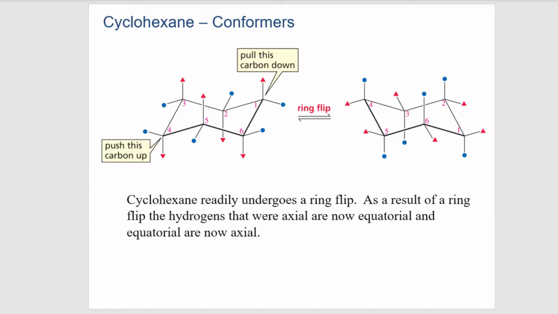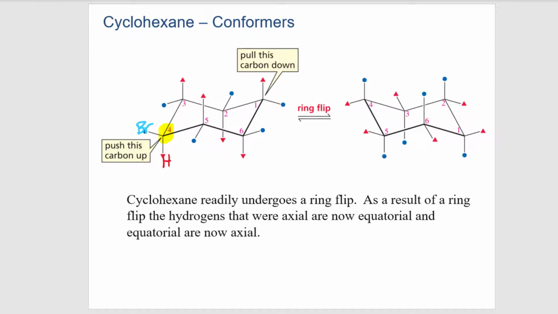What's interesting about a rotational flip, if you will, is what happens to the things off of any given carbon. So let's look at this carbon 4. We've arbitrarily numbered them. So carbon 4 has an equatorial group off of it. Let's say that it was a bromine. Okay, equatorial bromine. And it has an axial hydrogen.